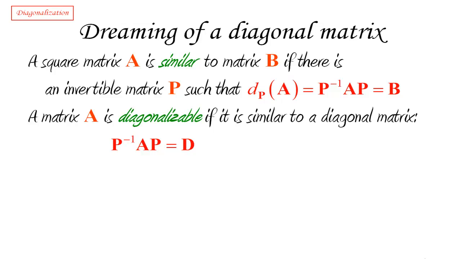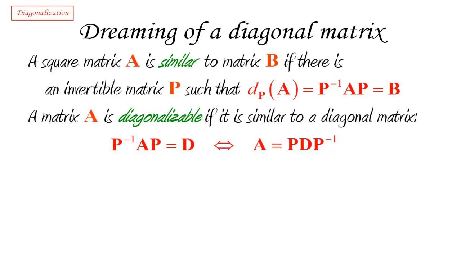Now, this is equivalent, just moving things left and right by using suitable algebraic steps. It's the same as saying that A can be obtained from a diagonal matrix by multiplying on the right by P inverse and on the left by P. So either one of those two conditions is okay. So a matrix is diagonalizable if it can be changed to a diagonal matrix. Okay?